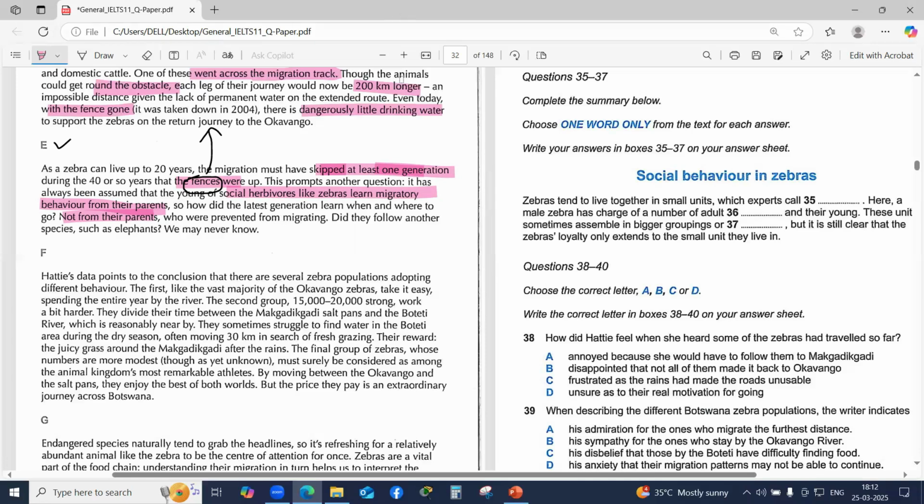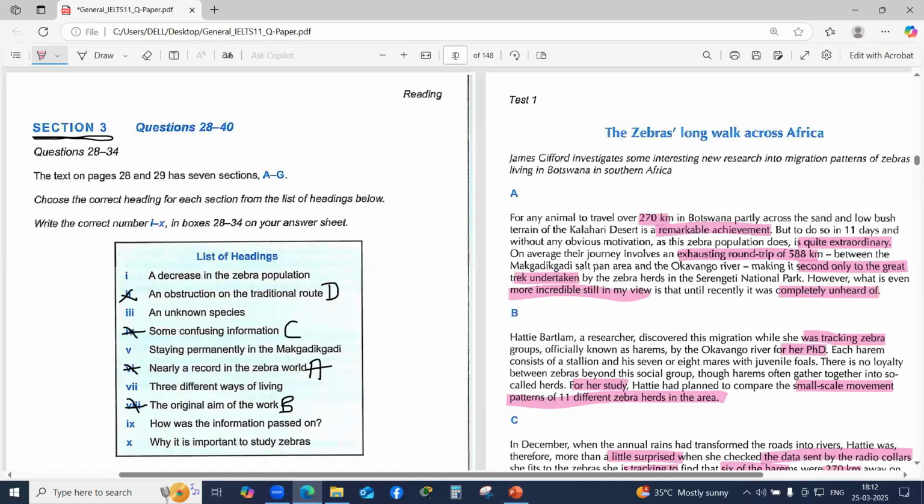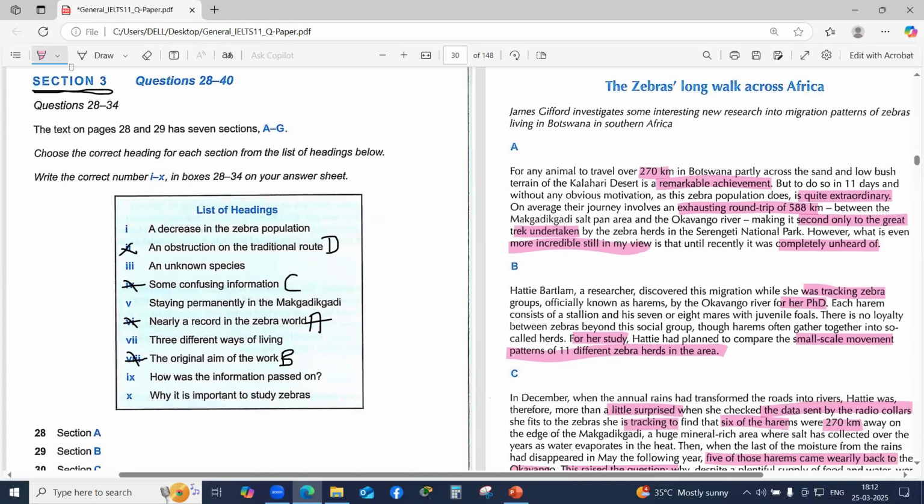Let's go back and check. What can be that one option? Decrease in the population? No. Unknown species? But we may never know. Is it elephant or something else? We may never know. From where did they learn the migration track? Let's look at the other options as well. Staying permanently somewhere? No. Three different ways of living also? No. How was the information passed on?